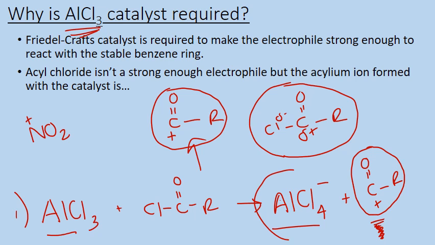Now keep an eye on this, because we know that this is a catalyst. So at some point, this is going to turn back into our Friedel-Crafts catalyst, hopefully. So we're going to show that being regenerated. Let's take a look at the mechanism then.